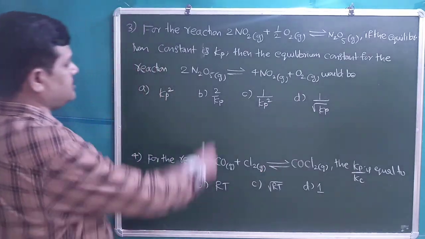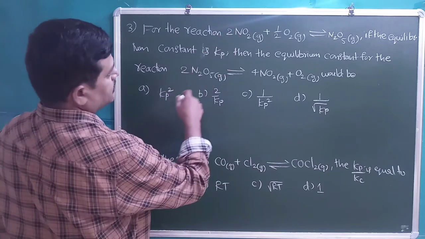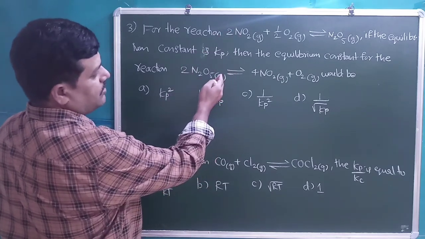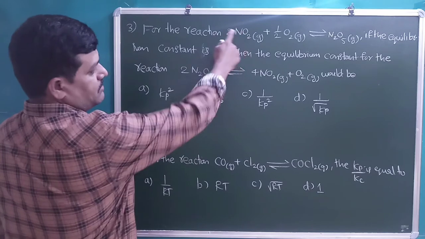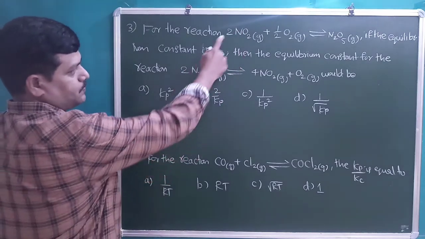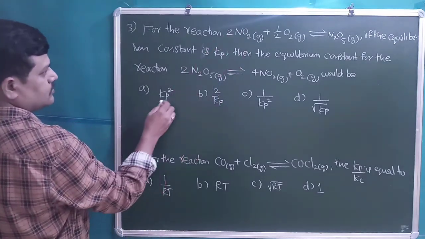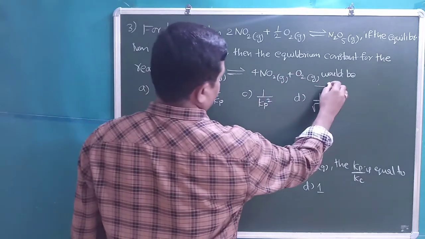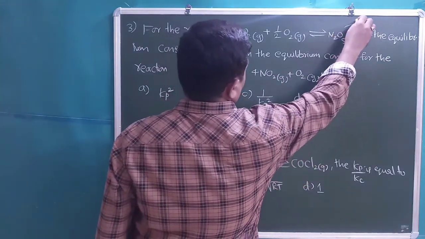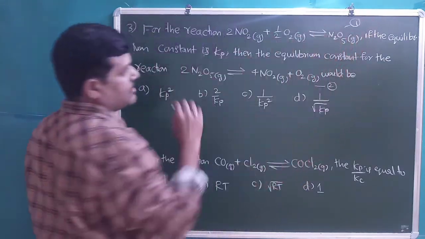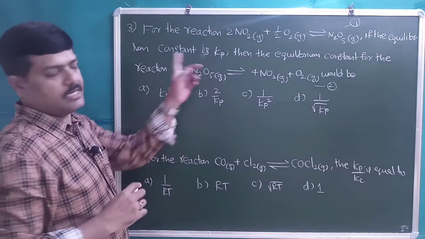Students, when we observe these two equations, the second equation we will get by reversing the first equation and multiplying with 2, right? Let us assume this is equation 2, this is equation 1. The equilibrium constant for the first equation is Kp.